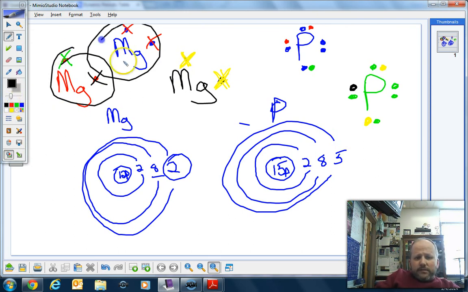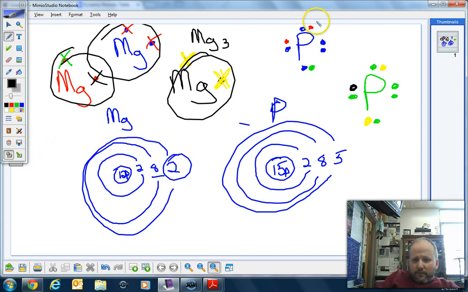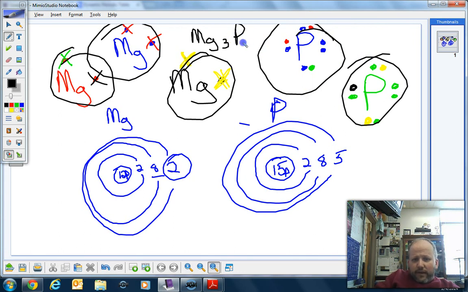How many magnesiums do we have? We have 3 magnesiums. How many phosphorus do we have? We have 2.